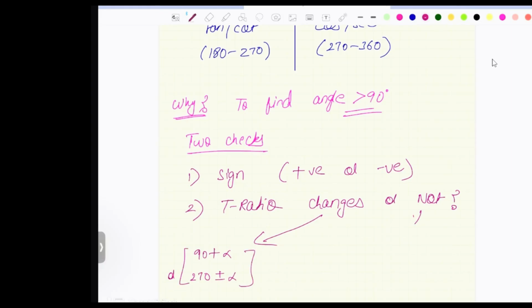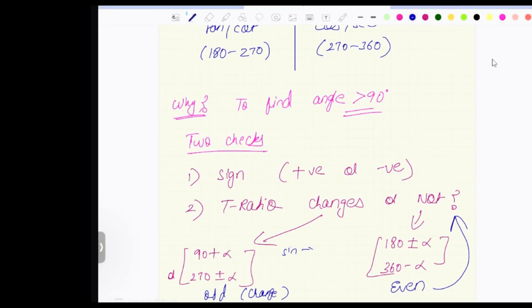But if your angle has been broken into 180 plus minus alpha or 360 minus alpha, which is even, no change. If it is odd, you change. Change to what? Sine goes to cos and vice versa. Tan becomes cot and vice versa.